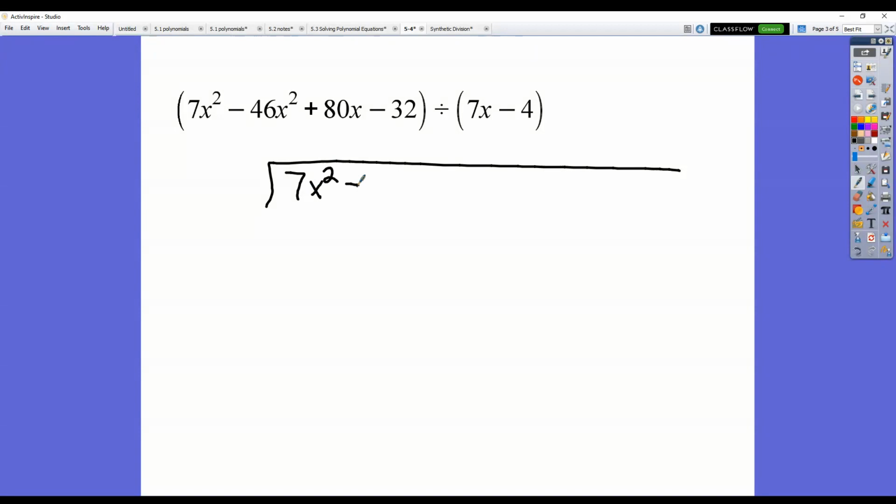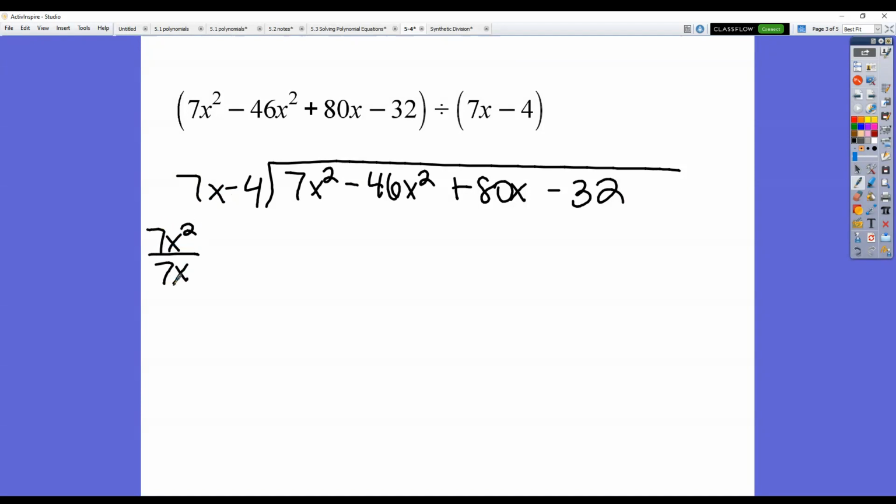7x cubed minus 46x squared plus 80x minus 32 divided by 7x minus 4. Okay, how many times can we divide 7x cubed by 7x, which would just be x squared. X squared times 7x is 7x cubed. Negative 4 times x squared is negative 4x squared.